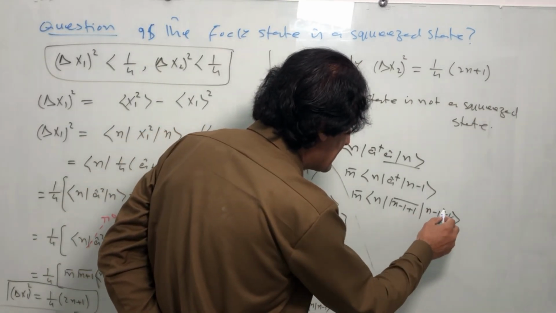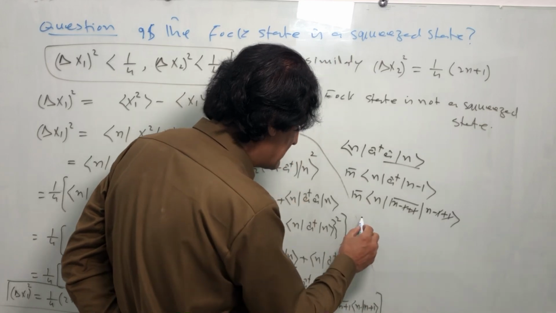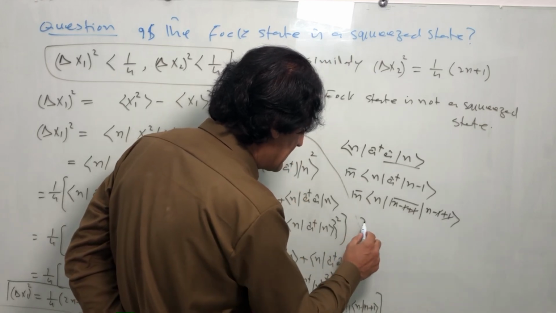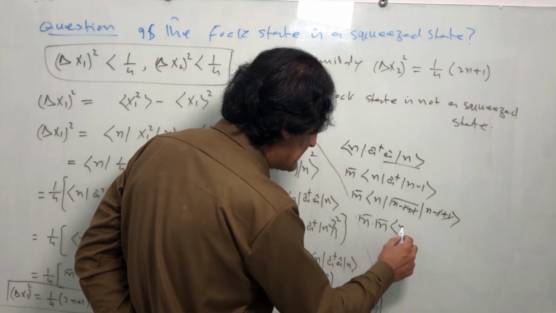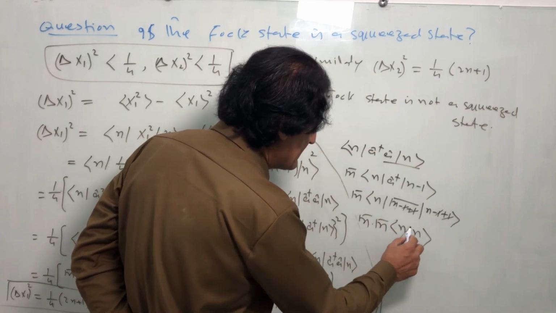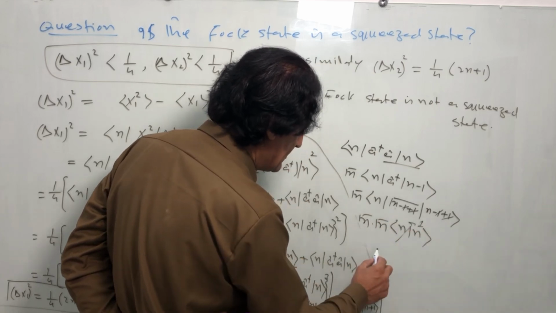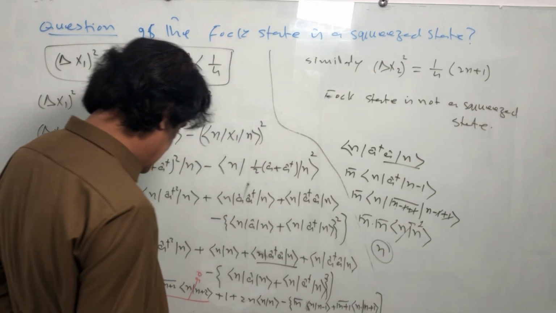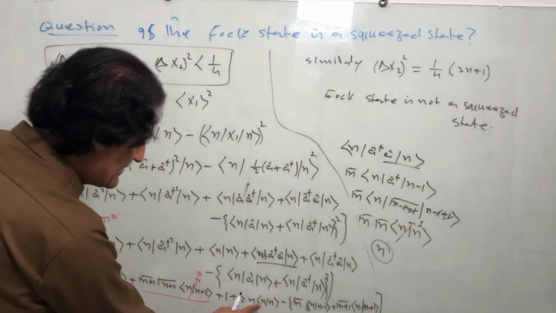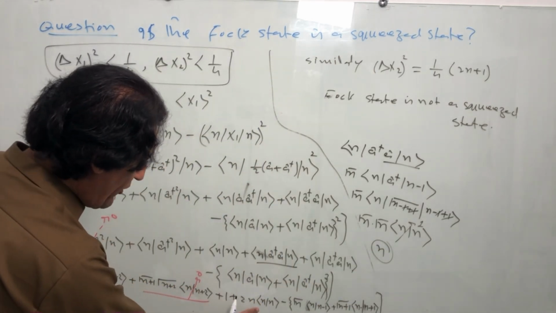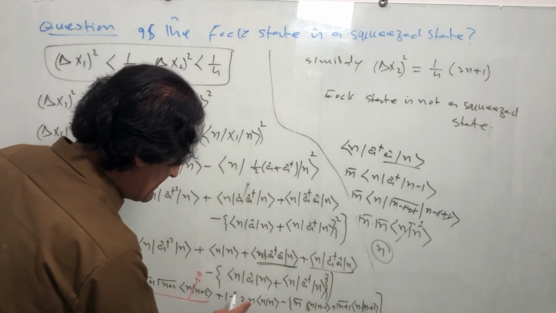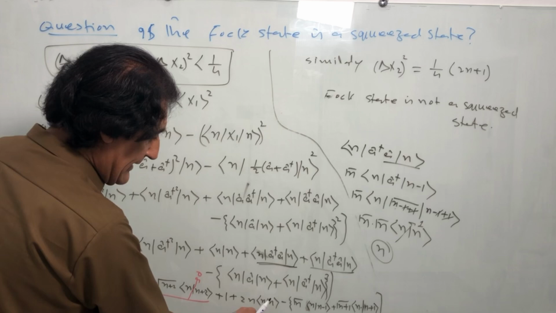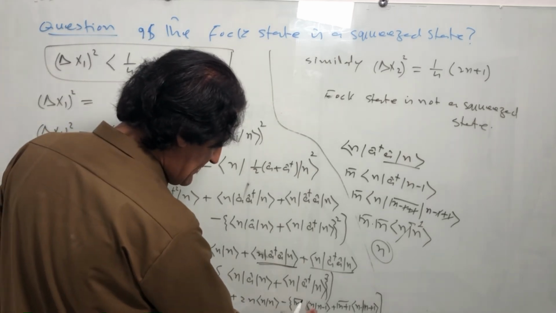Here this can be cancelled out and this can be cancelled out, and you get square root of n and square root of n, and n n. So this is equal to 1, and you get n here. So this is very simple: you can point out n from this and n from this, and then you can get 2n.